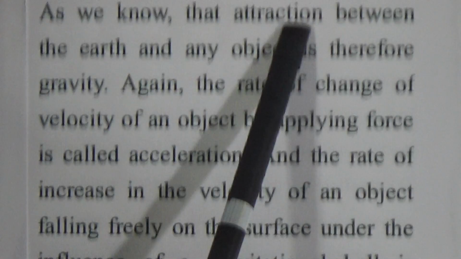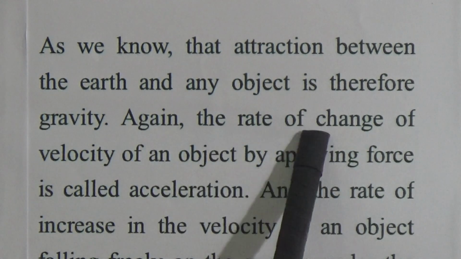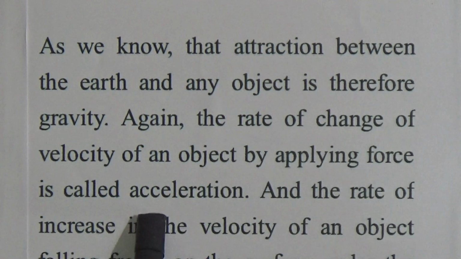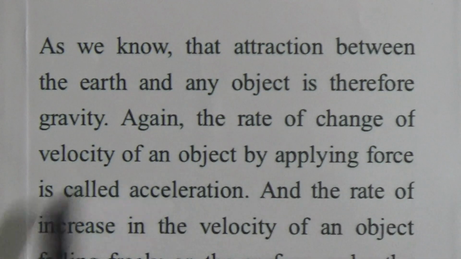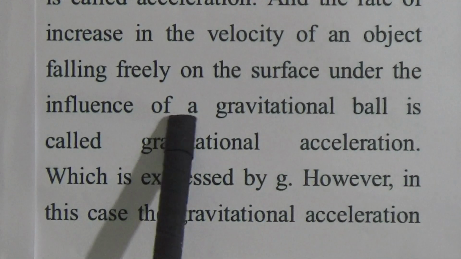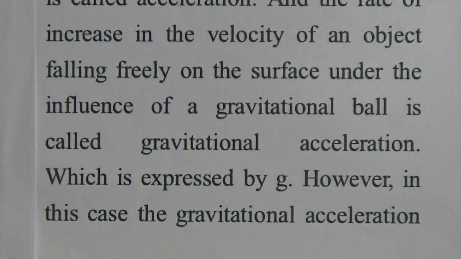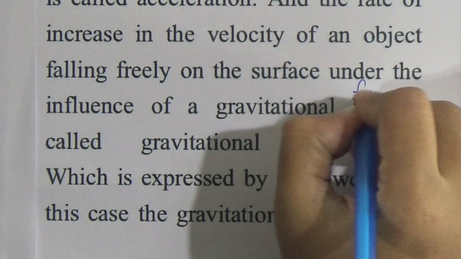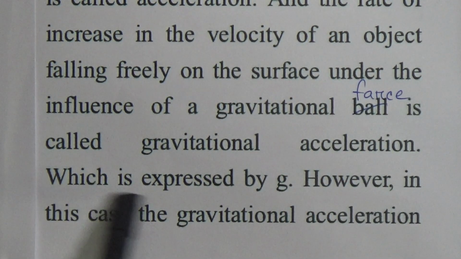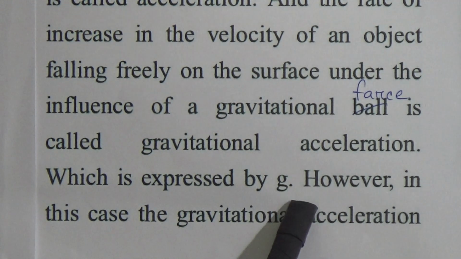As we know, the attraction between the earth and any object is gravity. Again, the rate of change of velocity of an object by applying force is called acceleration, and the rate of increase of velocity of an object falling freely on the surface under the influence of gravitational force is called gravitational acceleration, which is expressed by small g, and the value of small g is 9.8.